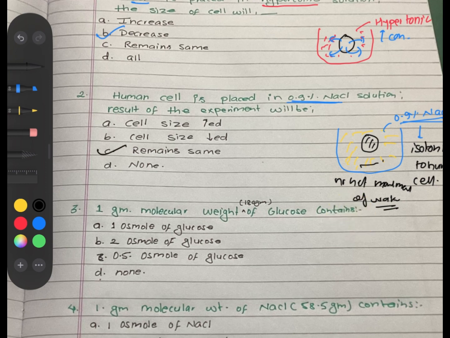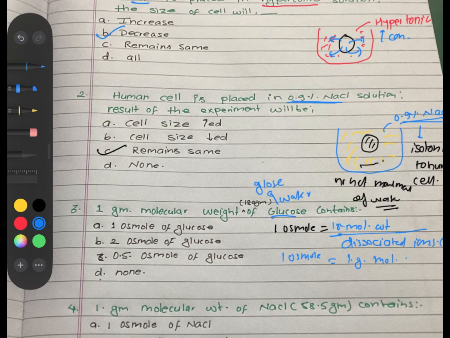Next: 1 gram molecular weight of glucose contains how many osmoles? 1 osmol equals 1 gram molecular weight divided by the number of dissociated ions. When glucose is placed in water, there is no dissociation, that is, a single ion is present. So 1 osmol equals 1 molecular weight.